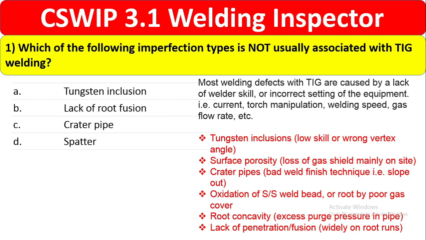Tungsten inclusion comes from low skill or a wrong vertex angle. If the vertex angle is wrong and a low skill operator is there, definitely tungsten inclusion can be generated. Surface porosity comes from loss of gas seal, mainly on site, meaning improper gas shielding where the flow rate is not correct.